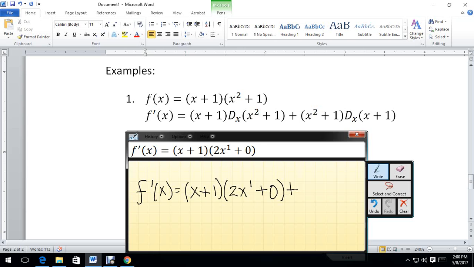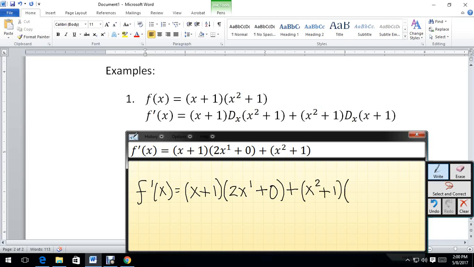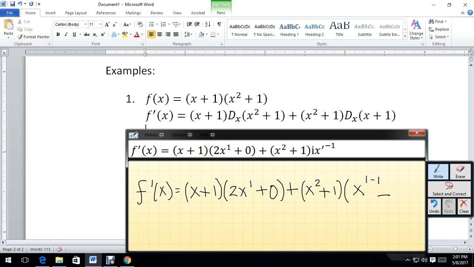Plus, copy the second, so you have x squared plus 1 times the derivative of this form, x plus 1. Since x here is x raised to 1, the derivative is x raised to 1 minus 1, then plus 0.